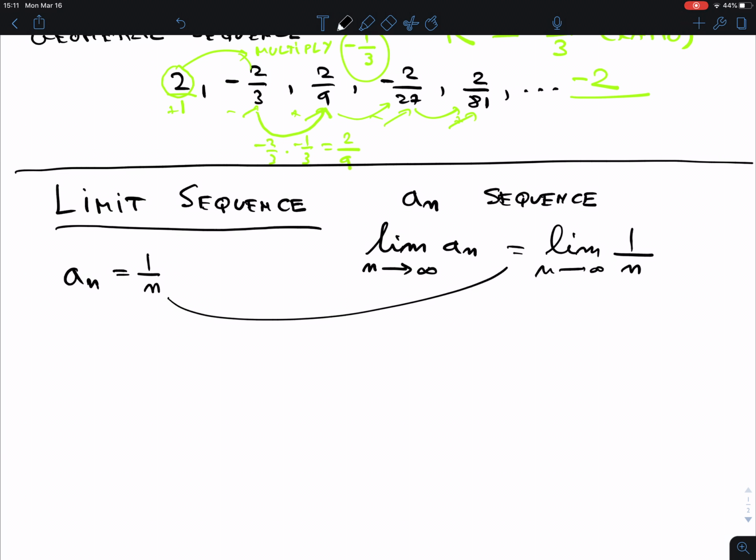There are some extra things we have to worry about, which I'll tell you later, but for now we try to plug in infinity: 1 over infinity. Does this make sense? In this case, we know this is a definite form. We know what 1 over infinity is. 1 divided by a very big number is a very small number. So in the limit, we get 0. So the answer is 0.